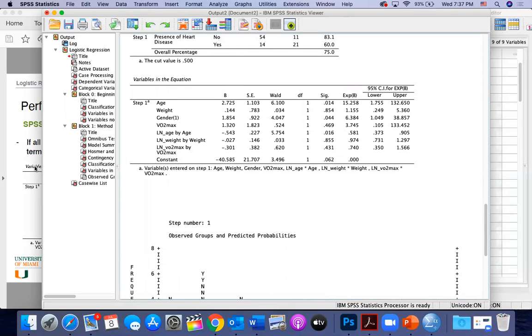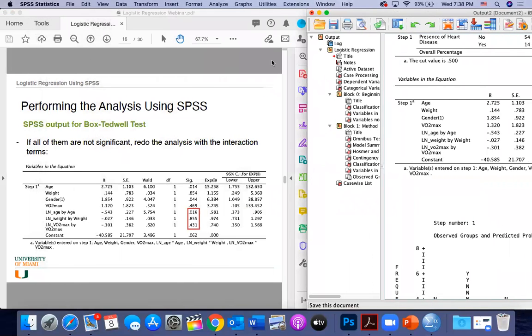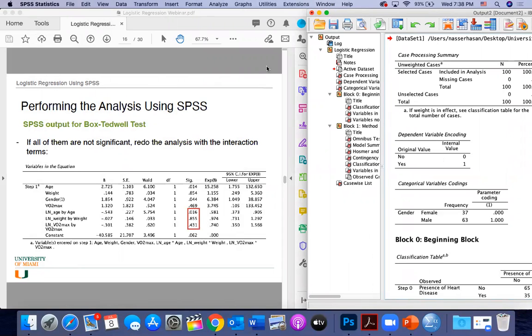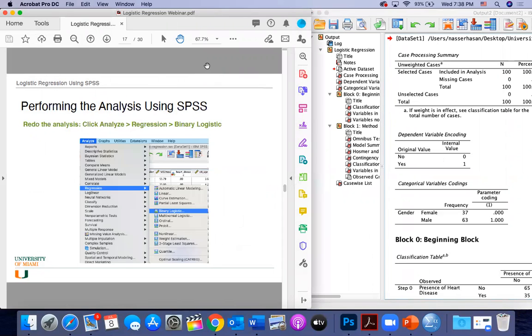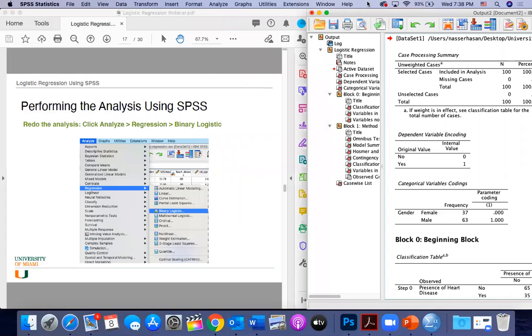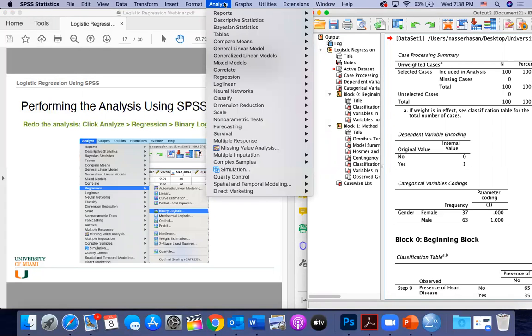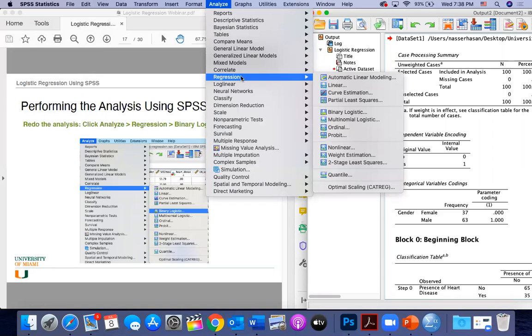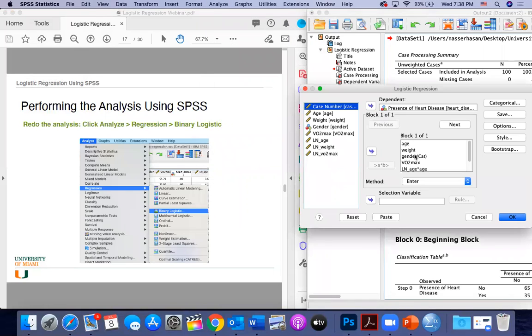Remember that this is not the real analysis. To perform the real analysis, we have to delete the interaction terms when we want to redo the analysis. So just go back to SPSS, Analyze, Regression, Binary Logistic, and you will see everything was saved. You just want to highlight the interaction terms and remove them.